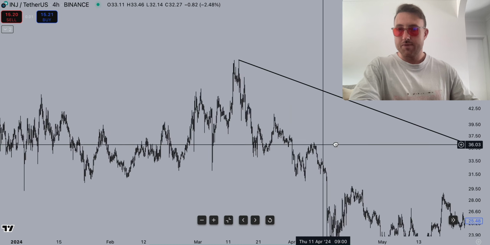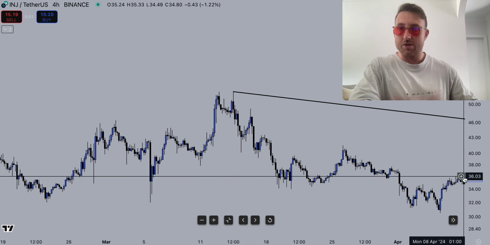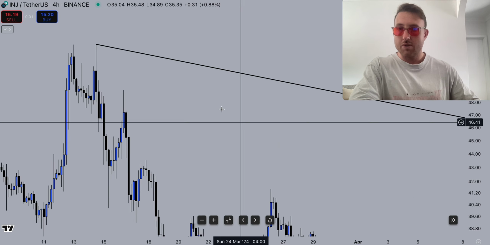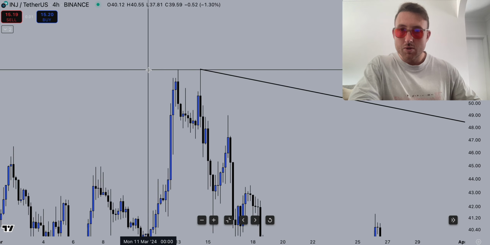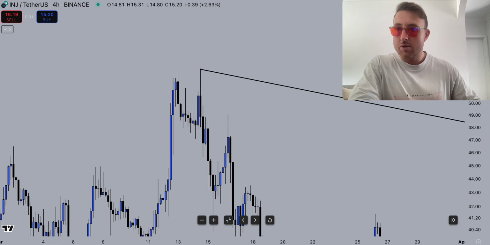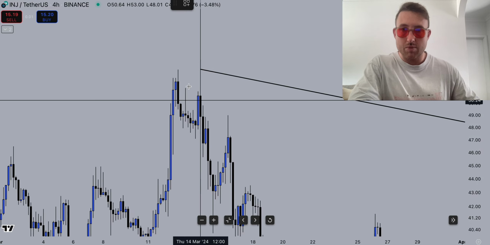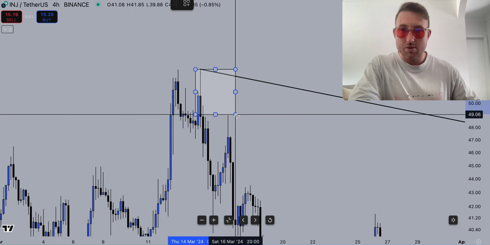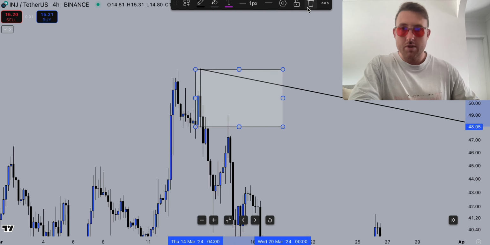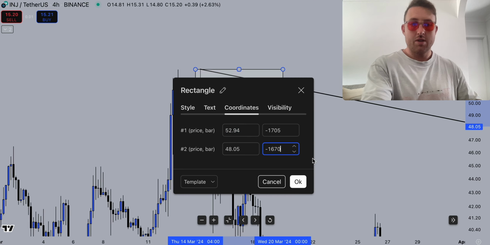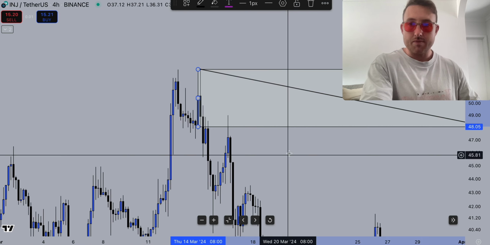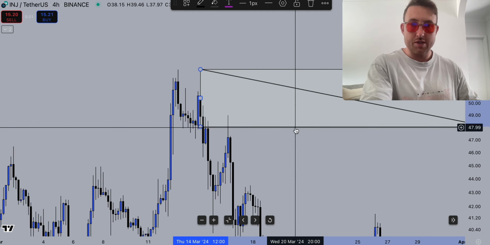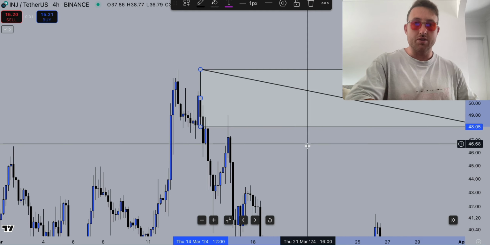Again, we zoom in, find our top candle, which is this one, and do the exact same thing. We highlight the candle from the top to the bottom. Then we know that when we get to that area, we've got heavy resistance at $48.